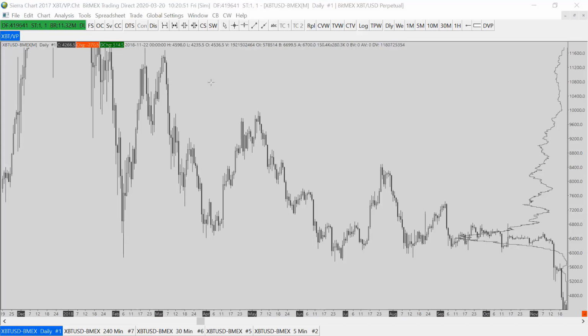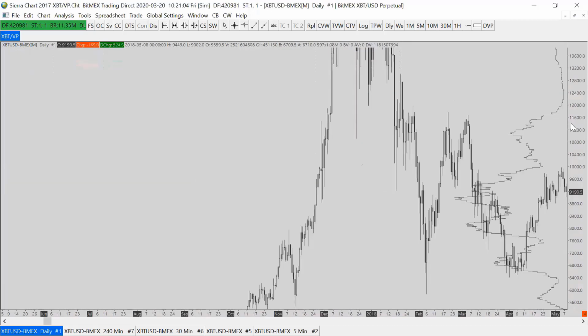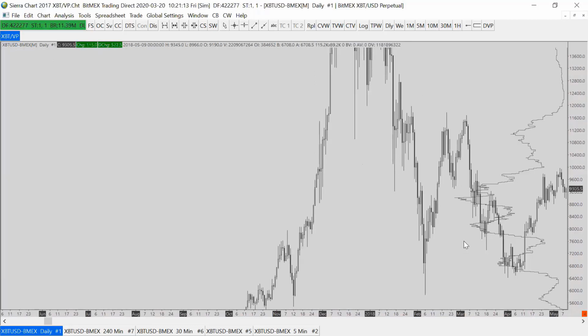And so what you'll find is that if I were to mark out all of the high volume areas and all of the low volume nodes here, and just let this play out, you'll see that they tend to remain relatively consistent over time. Okay.